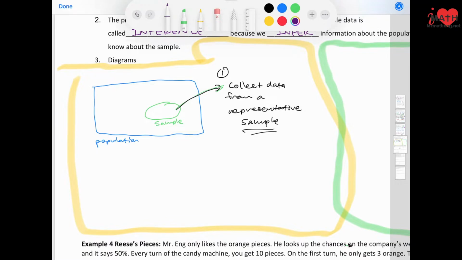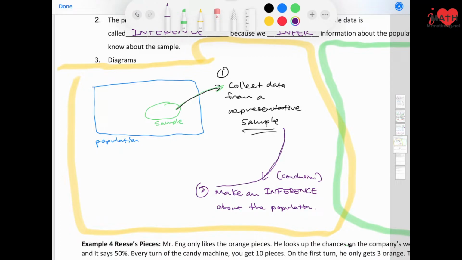And then number 2, we make an inference. Maybe a simple word that you kind of know is a conclusion. An inference or conclusion about the population. So this is kind of going back, right, to explain to us what we know about the population.